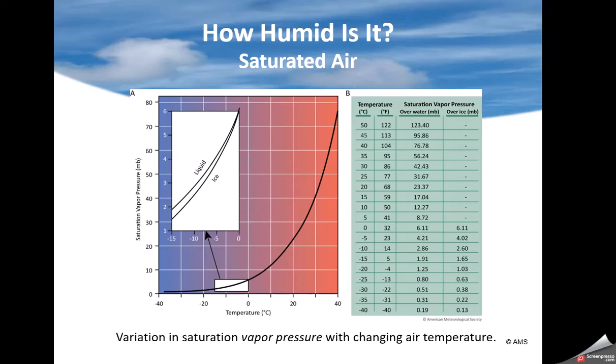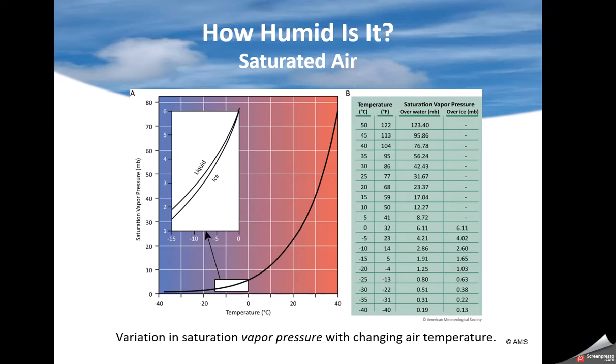Here you see various vapor pressures. Notice, the hotter it gets, the bigger the vapor pressure. Why is that? Well, molecules move faster the hotter they are, right? So if a water vapor molecule is very hot, it's vibrating like crazy. It is going to be hard to get that molecule to saturate.